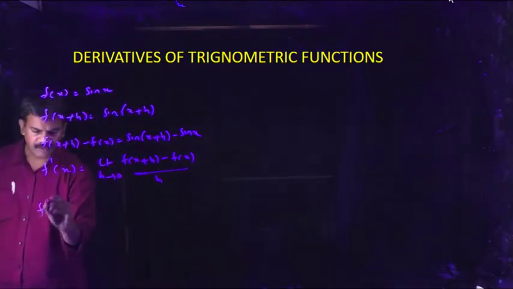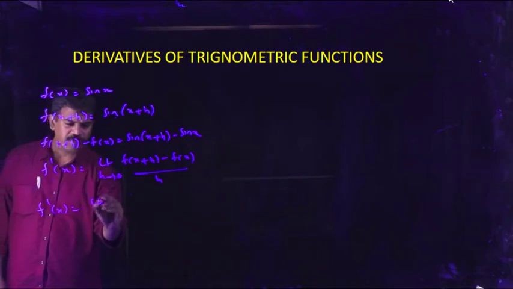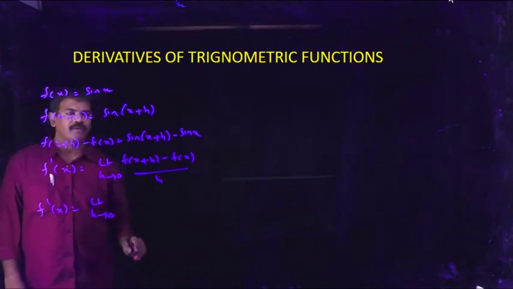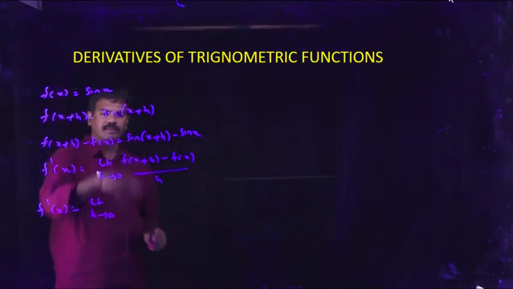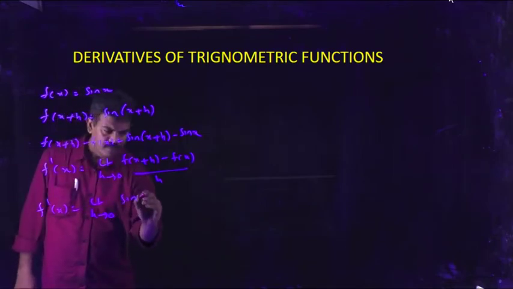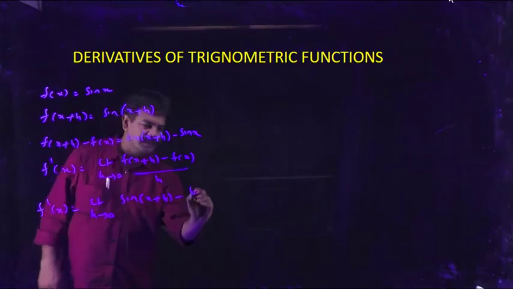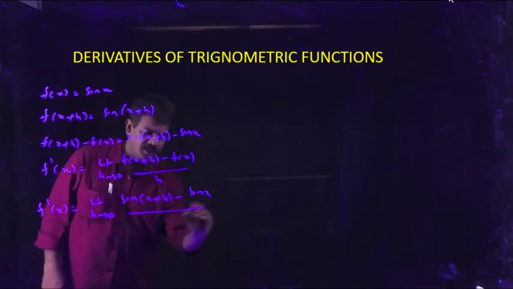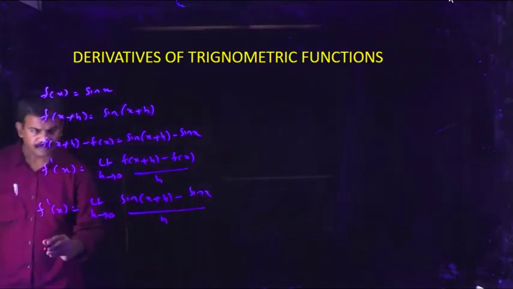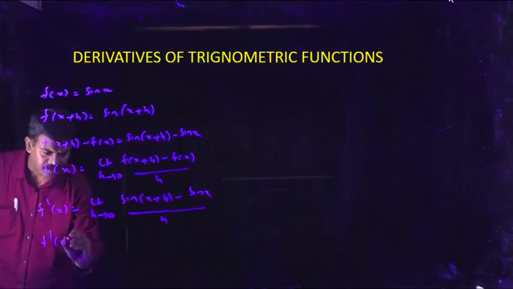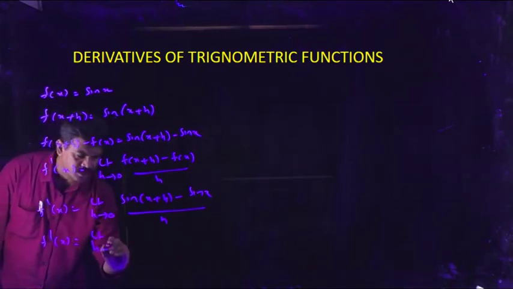It is f dash x is equal to limit h tends to 0, sin of x plus h minus sin x by h.